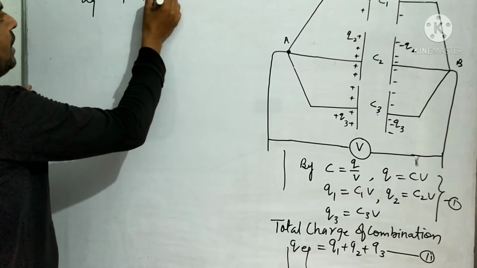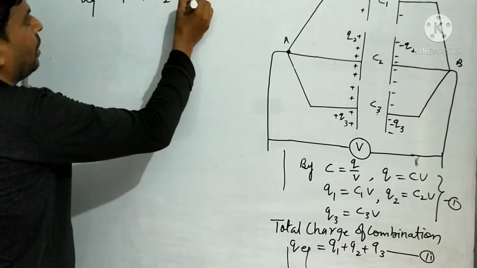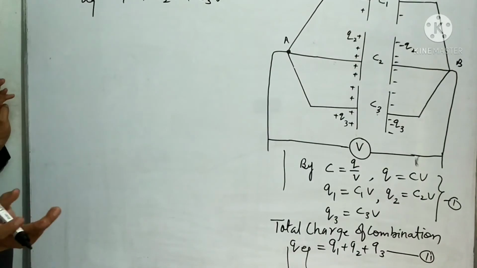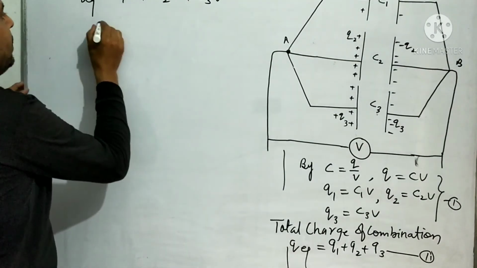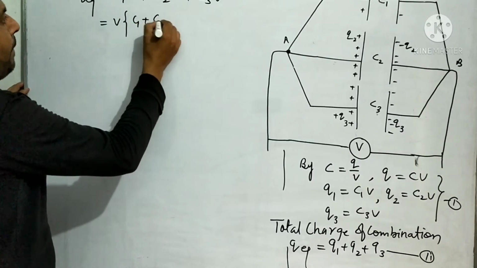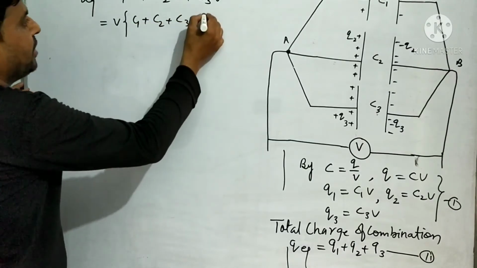C1V plus C2V plus C3V. Any problem? No. Simple. We take common V, so C1 plus C2 plus C3.